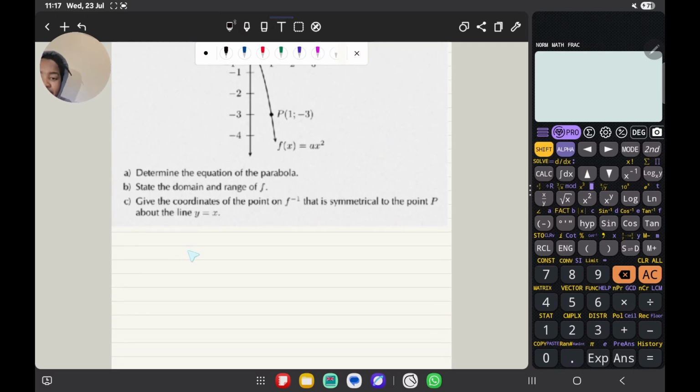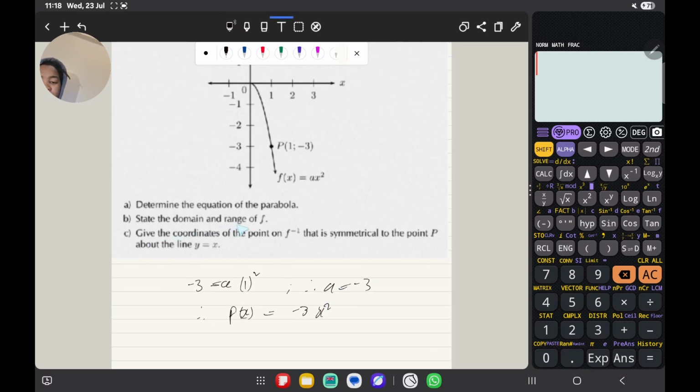Here easily you just substitute x and y, so you have minus 3 equals a x squared. This becomes 1 squared, and so therefore a is minus 3, and therefore f of x equals minus 3x squared.